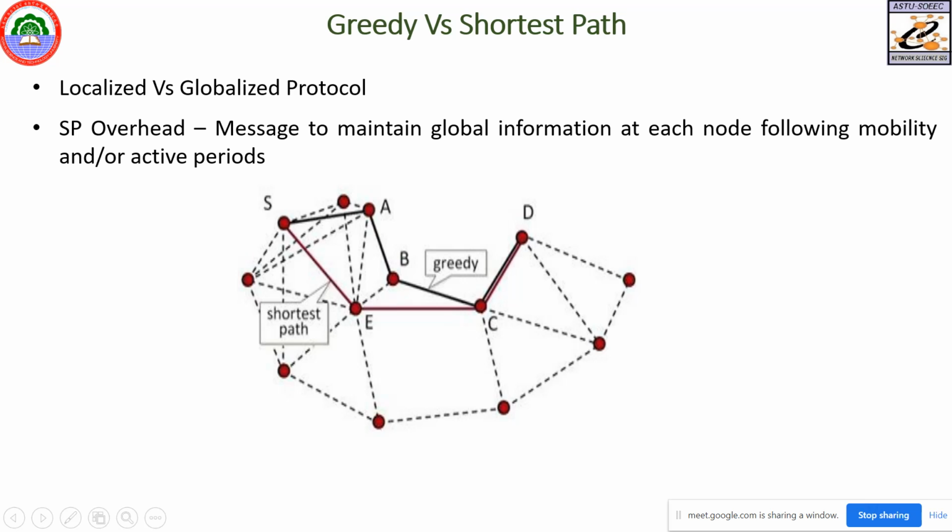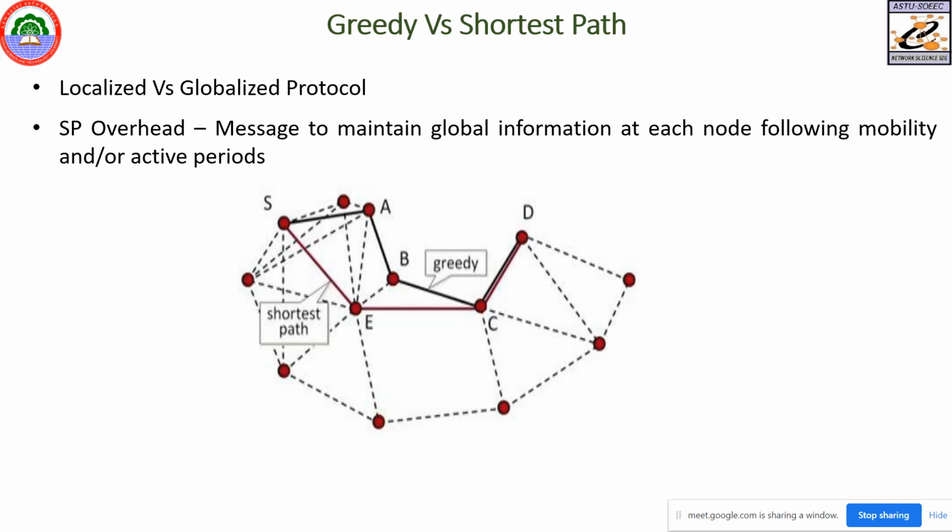But in the case of the greedy approach, what we said is that it has to choose the nearest one. The other possibility in that greedy approach is, if you adopt that node A is the closest to D, let us assume, which is the intended destination node, that is D. So node S will send the information to node A as it is closest to D. Similarly, this approach can be followed throughout the communication.